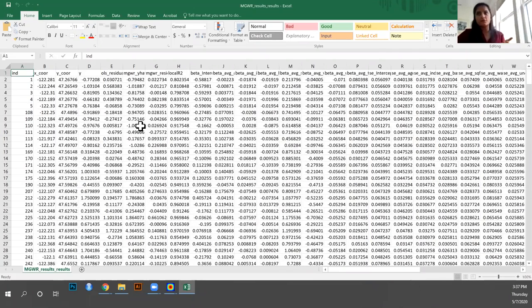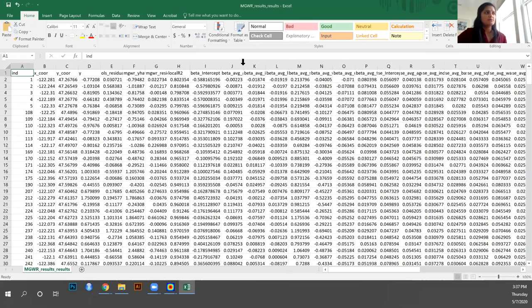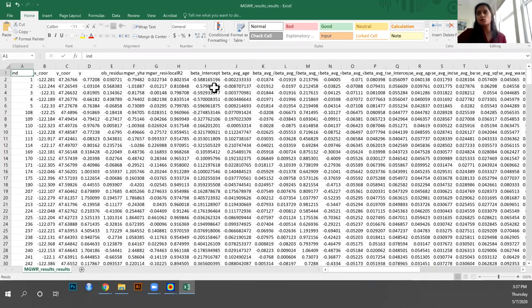It basically takes the data from what we gave it, and all the columns starting with beta are the estimates for each of those columns. And we have one beta for each census tract in our case, and that will be true for any data set and whatever spatial unit you use.